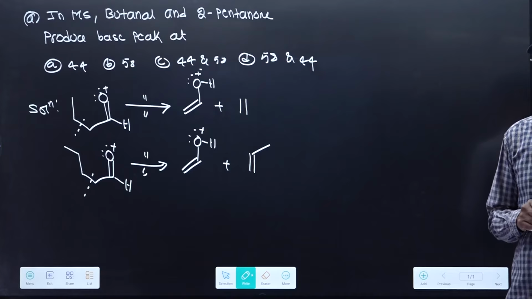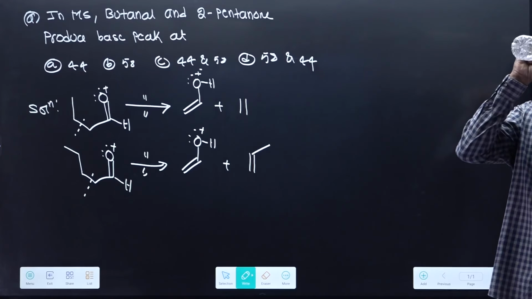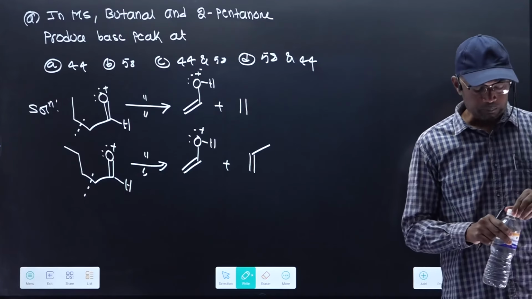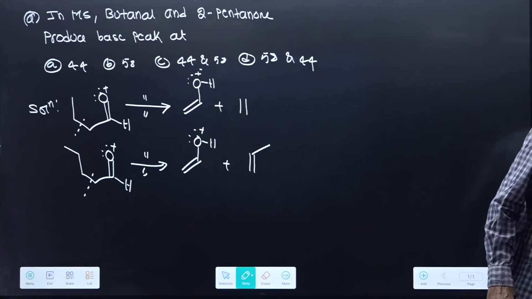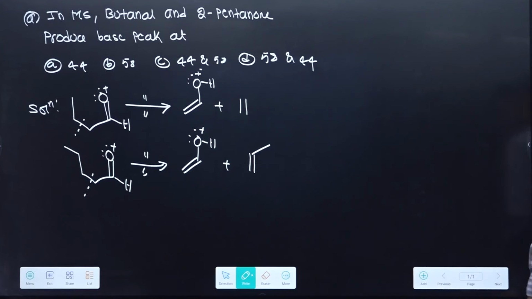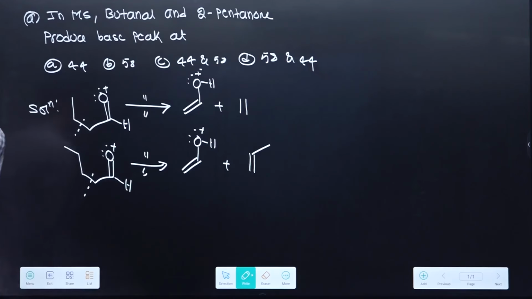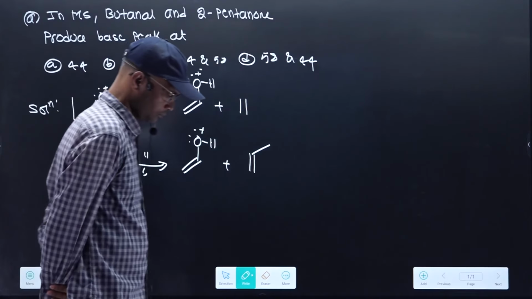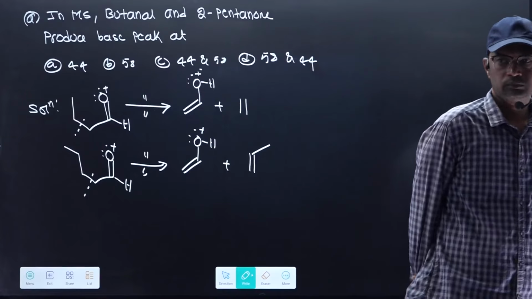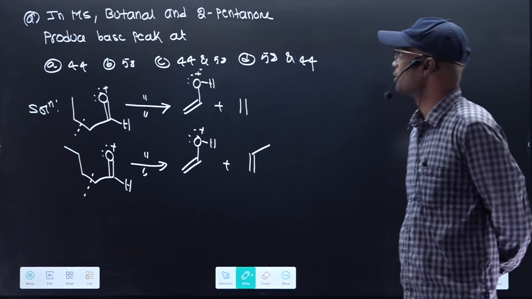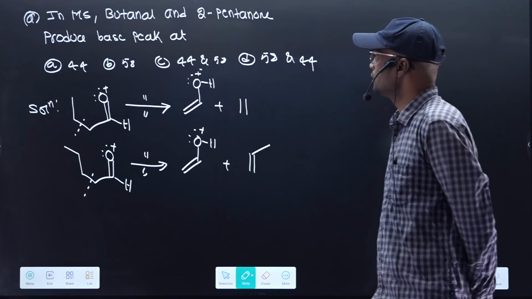Forget about answers. You won't even identify the question. What is this molecule?